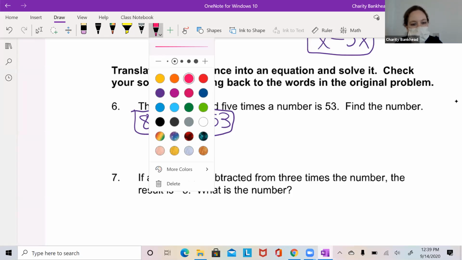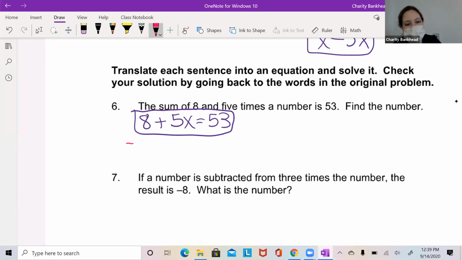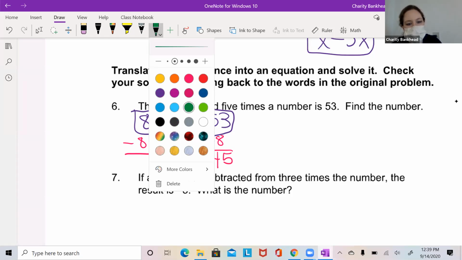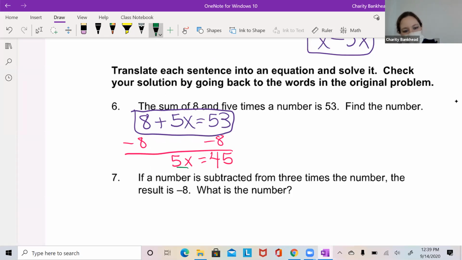To do that, we need to subtract 8 from both sides. So 5x equals 45. And then divide both sides by 5. So that gives you x equals 9.